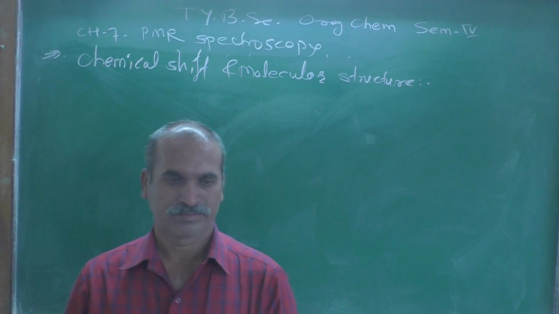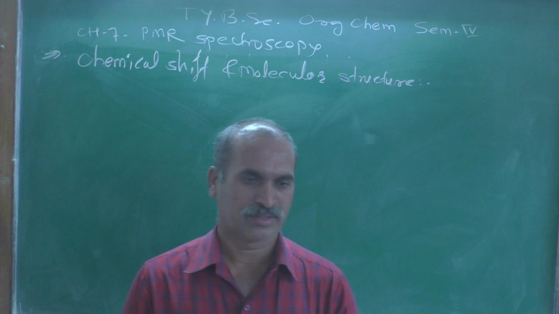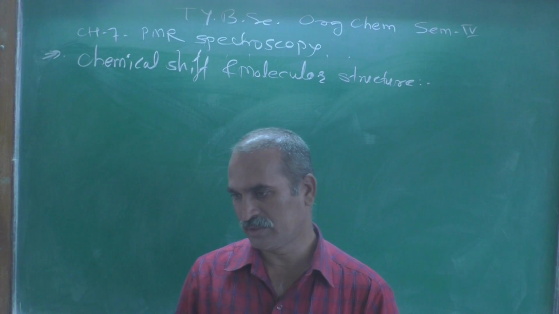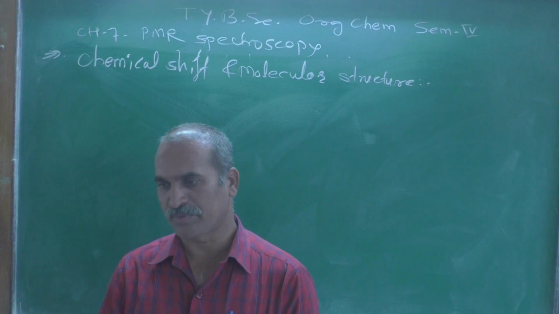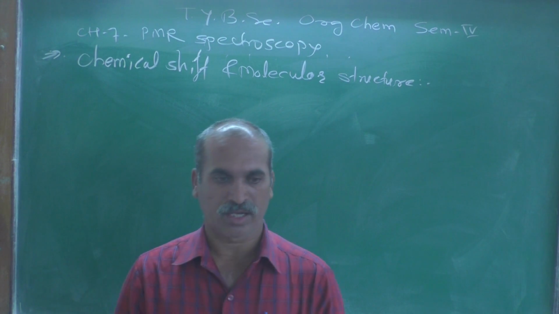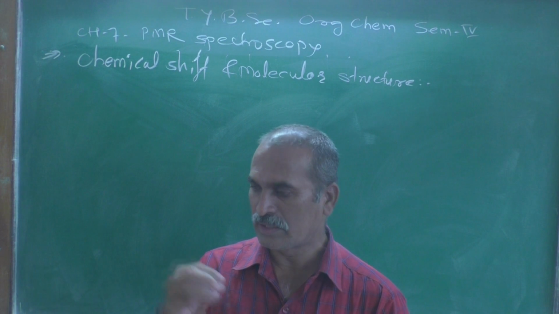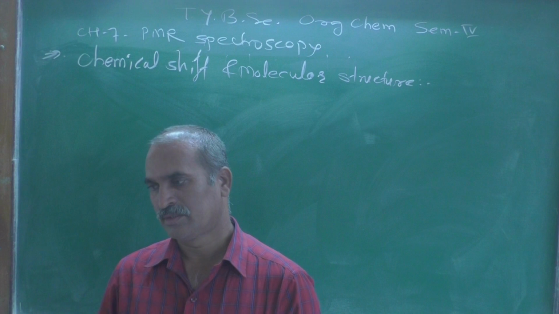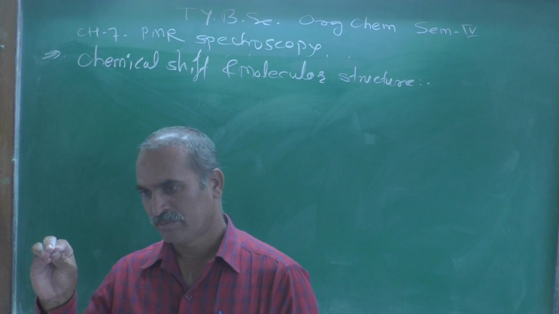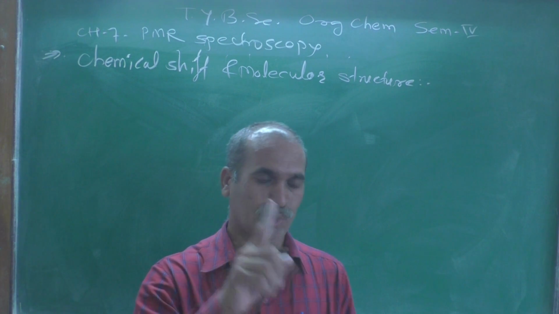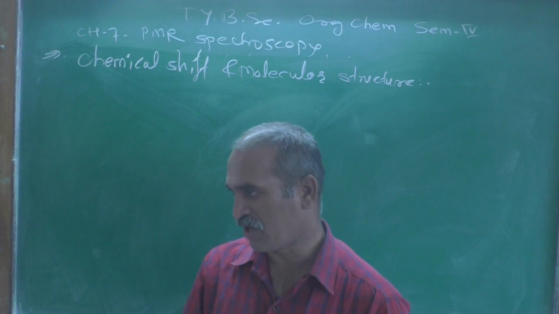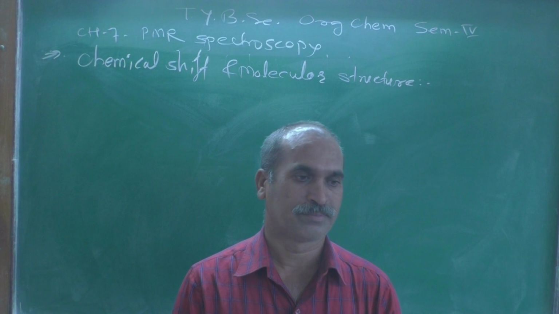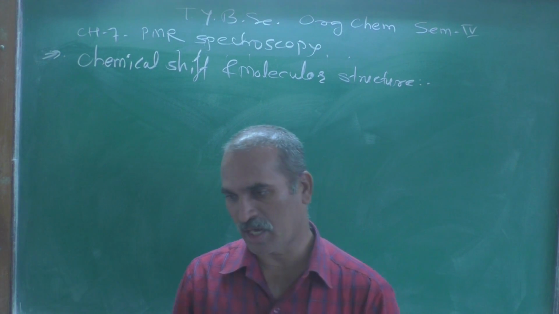In my previous discussion, I gave the kinds of protons: saturated proton, unsaturated proton, aromatic, alkene, aldehyde, or some other. By knowing the chemical shift value, we can easily predict what type of proton it is.